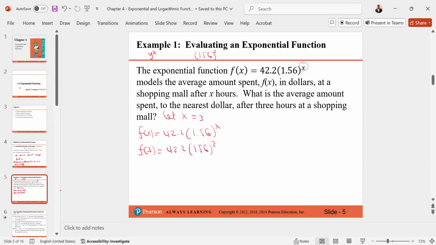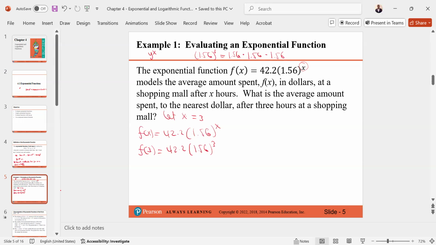You can do that in your calculator, or because the exponent represents the number of times that factor is multiplied by itself, I can also say it's 1.56 times 1.56 times 1.56. Then you would find the answer.